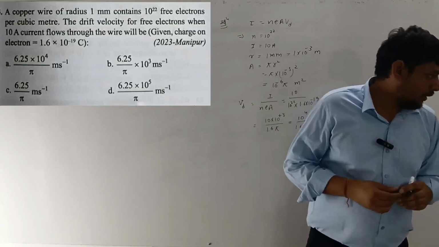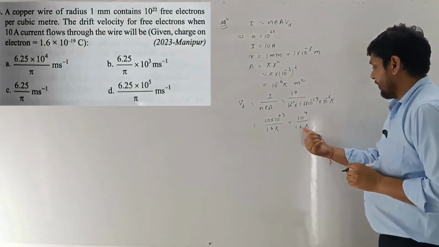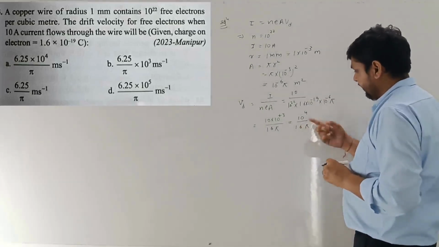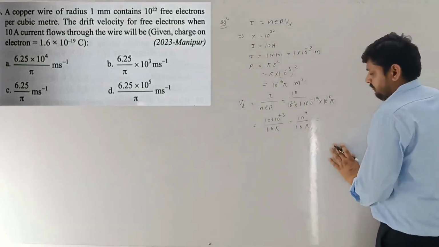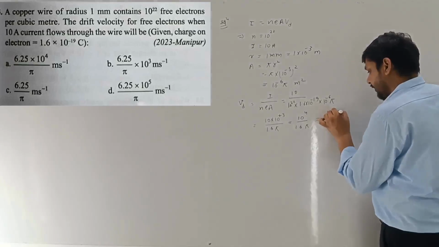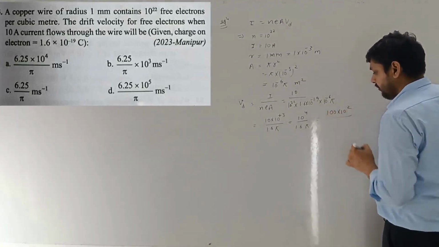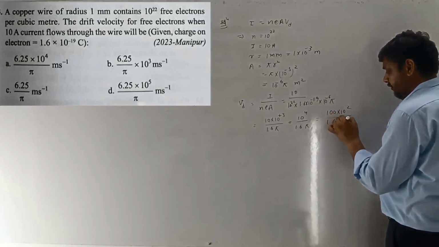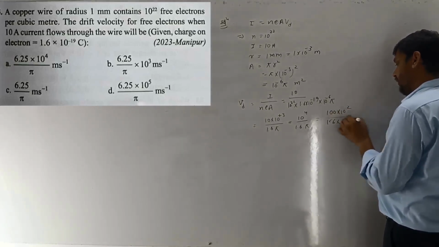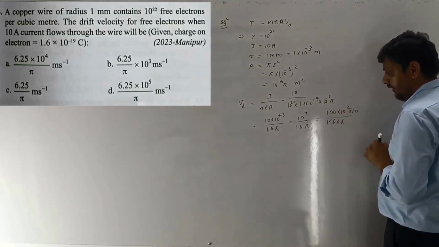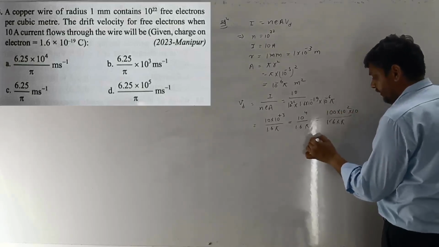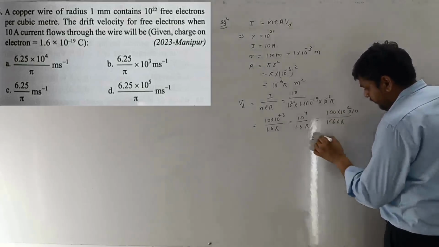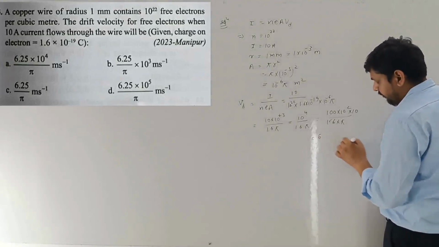Taking 10 raised to power 3 out, we have 100 by 1.6 pi, and dividing 100 by 16 gives 6.25.